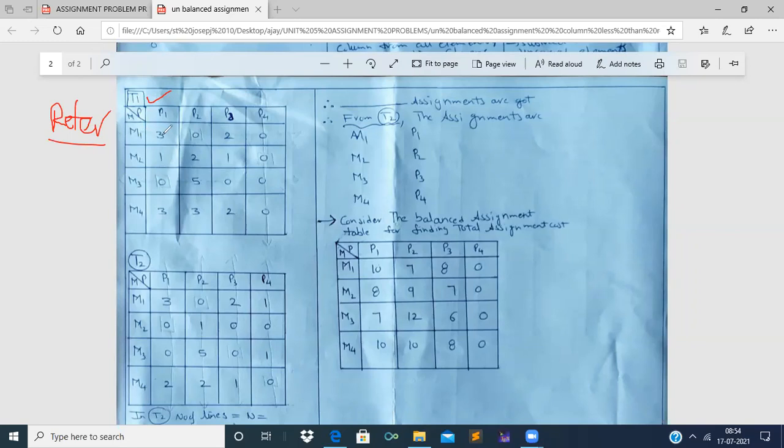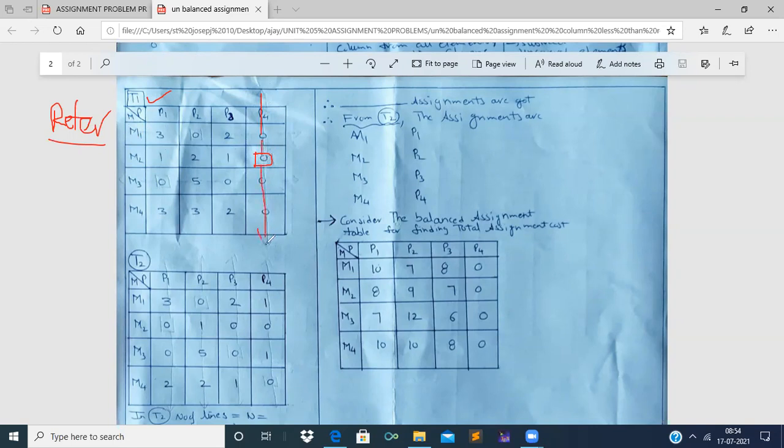The machine M1. That means in the first row we are finding 2 zeros, so there is no need of disturbing this M1. As there is a single zero in M2, we are giving assignment and we are striking the column P4.